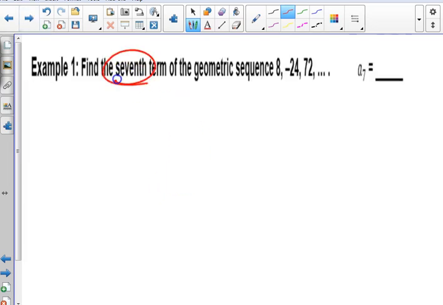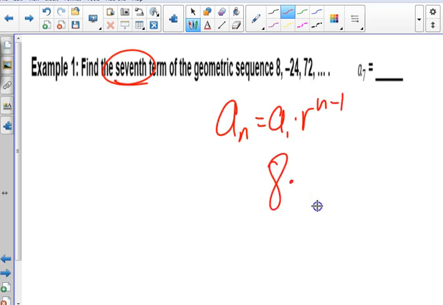So how do you find the 7th term in this sequence? So how would we do that? 8 times? Okay. How do you find R, guys, when you don't know?